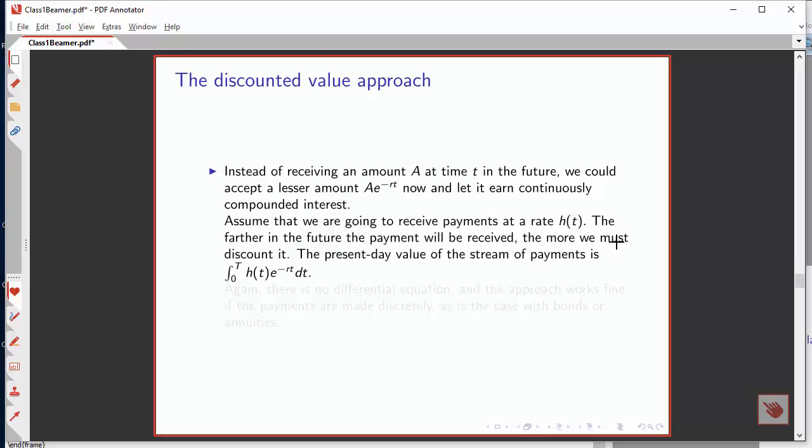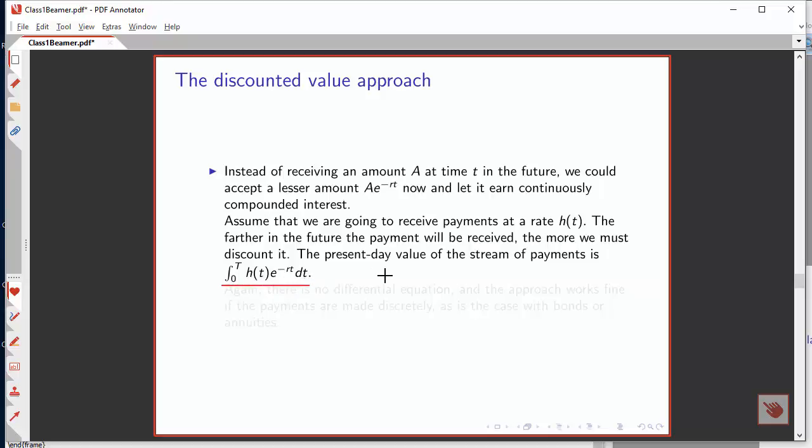This is a nice way of figuring out the total value of payments that we are going to receive. If we're getting payments in the future, we have to discount them in order to assess their present value. And in fact, we can write this as an integral.